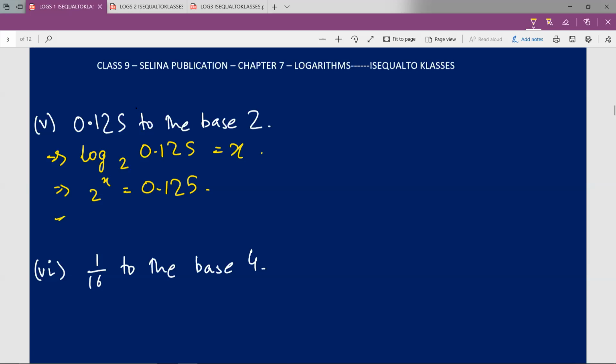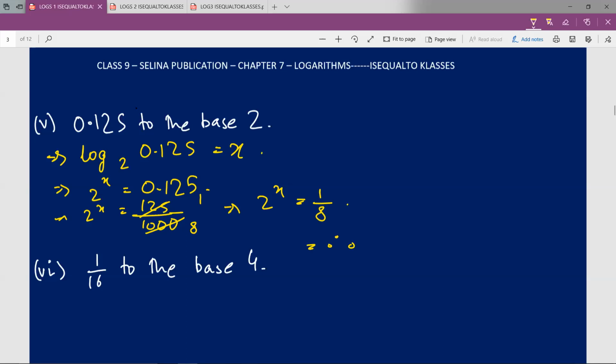Now over here, 2 raised to the power x, we leave it as it is. Now over here, 0.125 can be written as 125 upon 1000. This is 1000, not 100. So 125 upon 1000 can be written as 1 upon 8, because 8 into 125 will be equal to 1000.